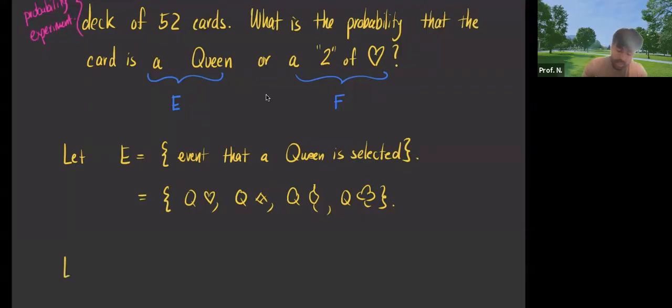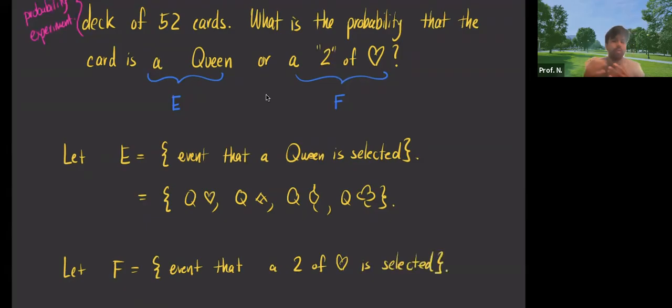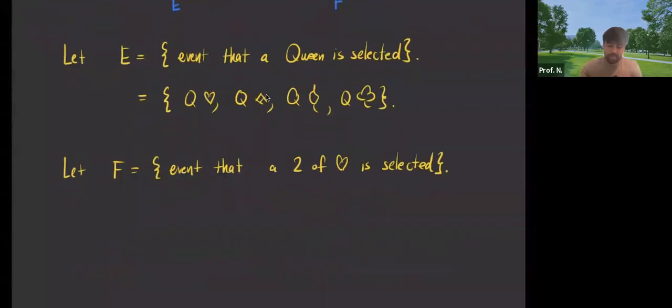And then we let F be the event that a two of hearts is selected. There's only one possibility, right? This is only one outcome. There's only one two of hearts. So set F only contains one outcome, whereas set E contains four outcomes.